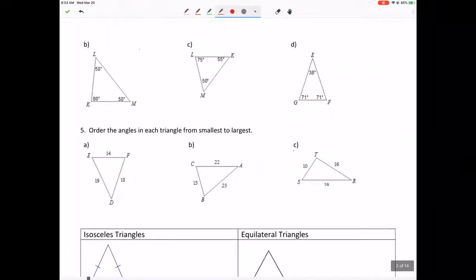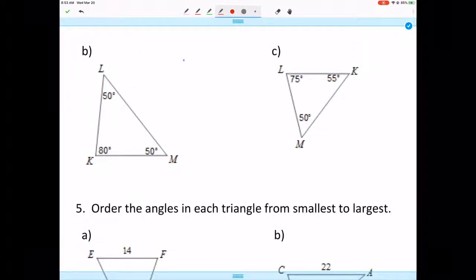I'll maybe do a couple of those. I feel like you can probably come up with that pretty quick. All right, so smallest angle. Well, we have two smallest angles. They're the same. So we could just say KM is congruent to KL.